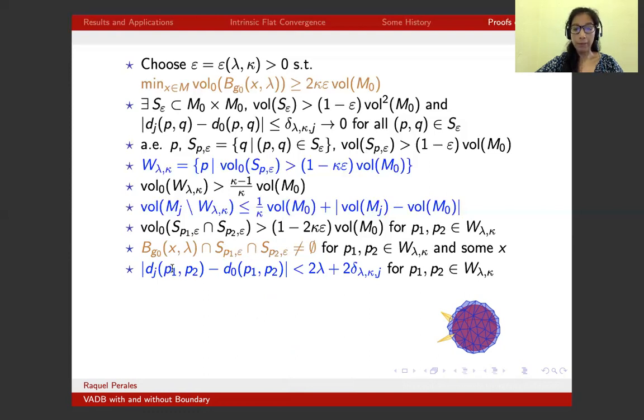So I can go from P1 to this point in the intersection and get a lambda. Then from this point to P2, I get this delta lambda kappa j, and then another lambda. So I have the estimate that I mentioned. Okay, so this proves what we wanted.